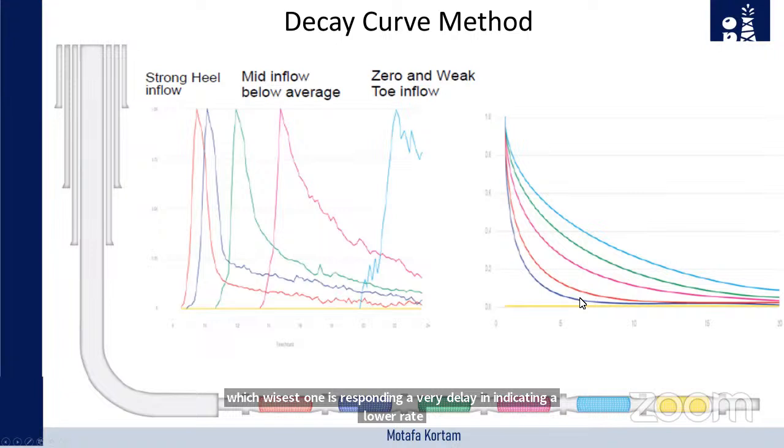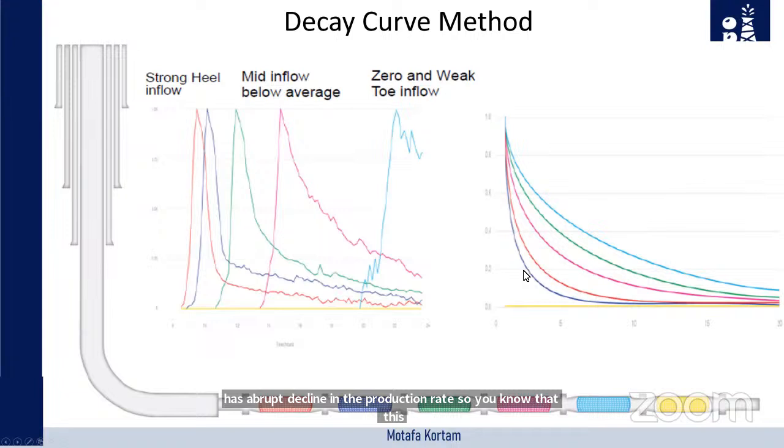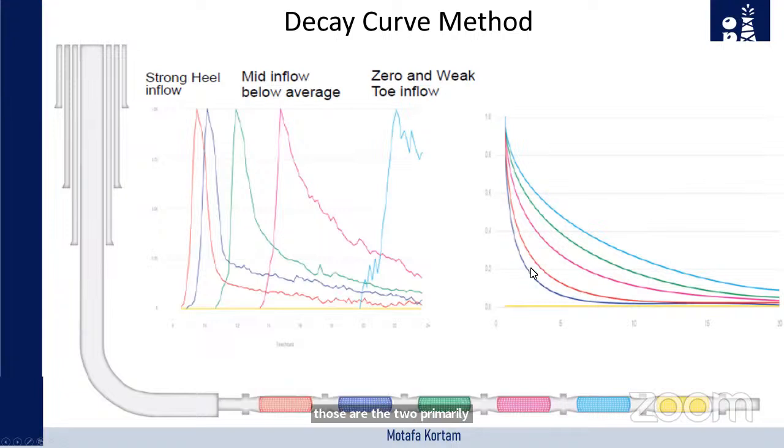In late time, it may tell you if something happened in the well, so you will be able to understand and anticipate where the problem is happening. For example, if the well has an abrupt decline in production rate, you know those two are the major contributors in the well.